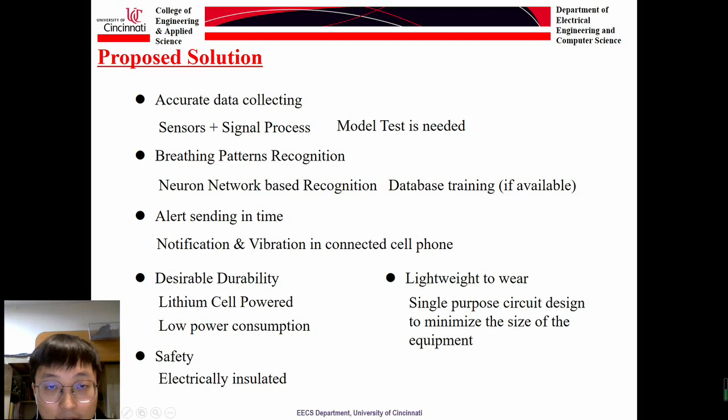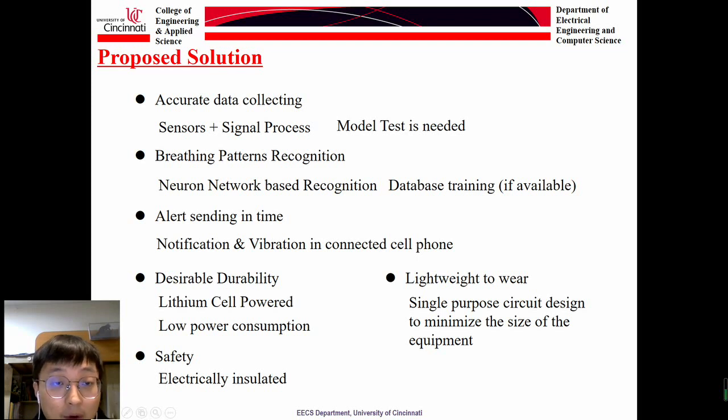To accomplish these fundamental goals, as you can see in the description below each bullet point, sensors and signal processing are important in the first step. Then we would suggest a neural classifying network to tell different breathing patterns. Once an improper pattern is detected, users will be informed via the connected cell phone.